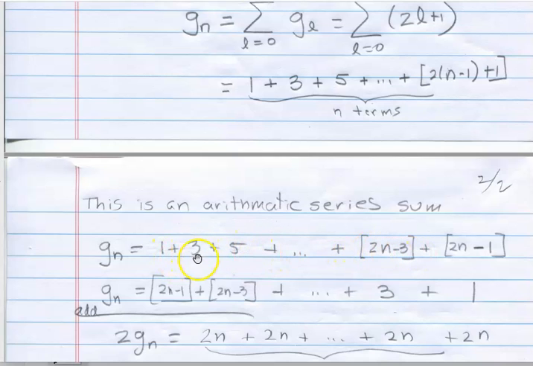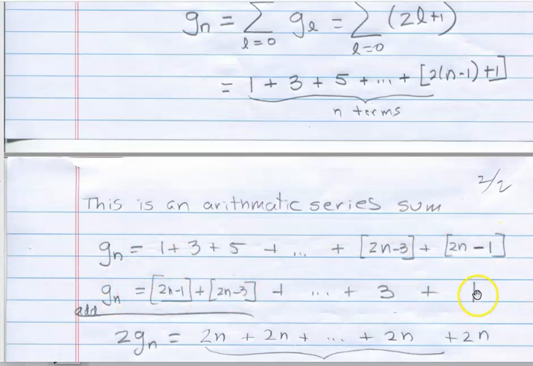It goes up by 2 each time, and the very top one is going to be 2n minus 2 plus 1, which is just 2n minus 1. And the previous one, since I'm going up by 2 each time, had to be 2n minus 3. So this g sub n I could also write in this form here. Again, it's n terms, starting here and ending here.